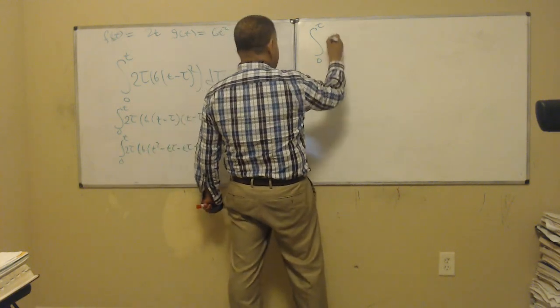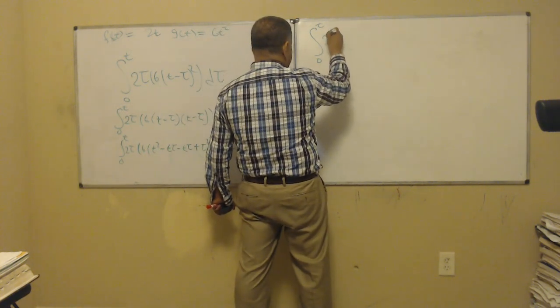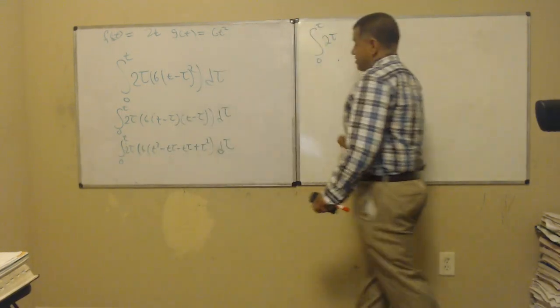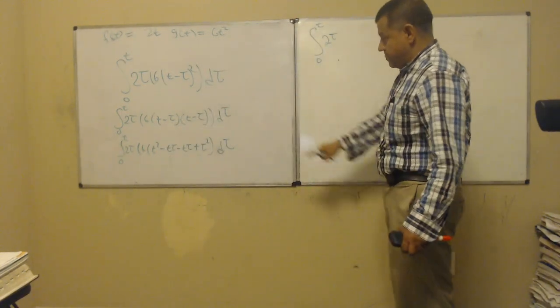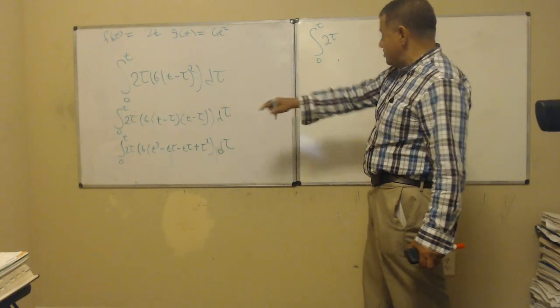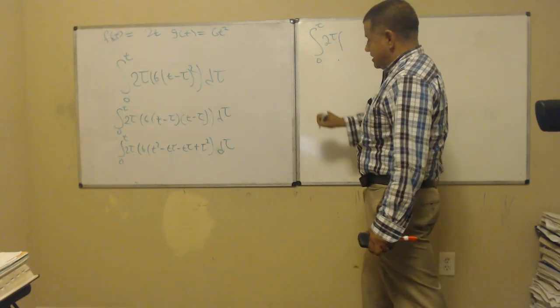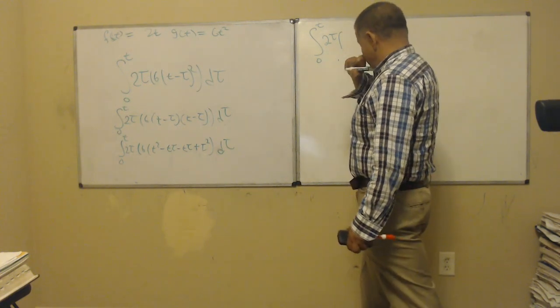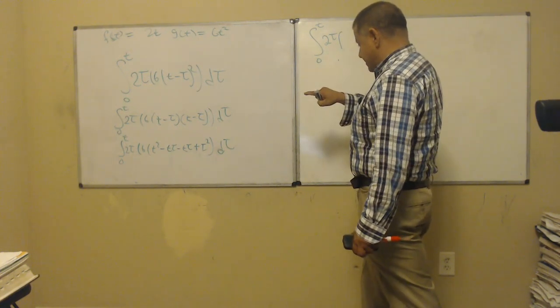Now I have 2 tau right here. Now I distribute the 6 across, inside.